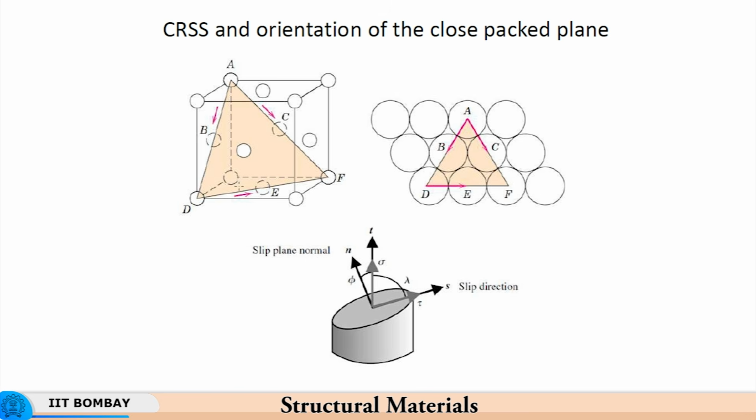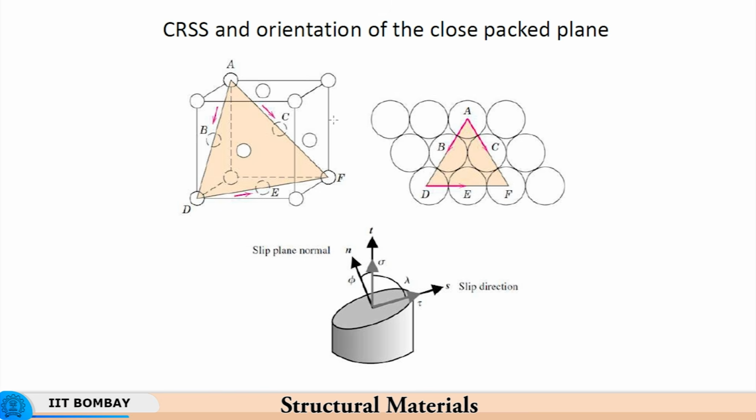The behavior of the material based on the crystallographic orientation of these planes is called crystallographic texture. So what it means is the behavior of the material, either as soft or hard, depends upon how well the plane is oriented with respect to the 45 degrees plane with respect to the tensile axis, because that we know is the plane with the highest resolved shear stress, right.